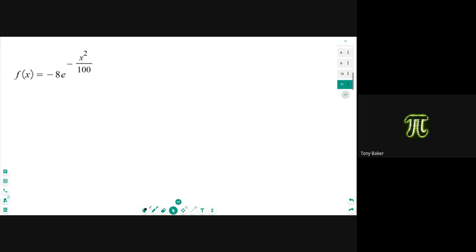So if we plug in 0 for x, what do I get? Yeah, because e to 0 is 1, so 0 and -8. So there's my y-intercept.